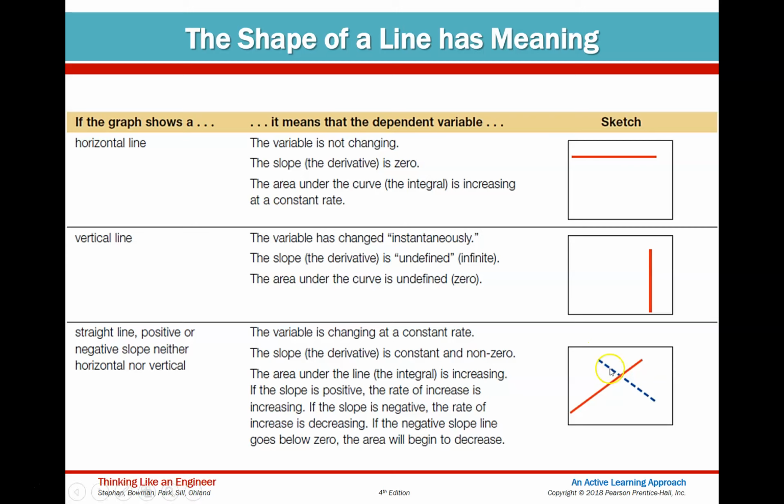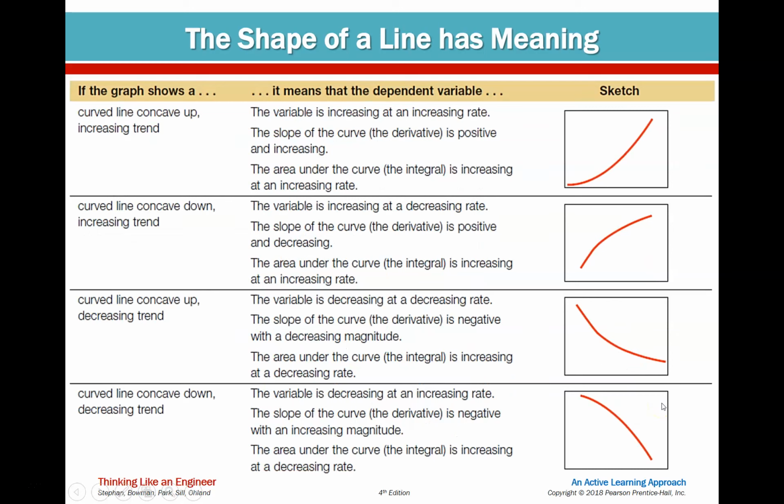The derivative of the blue dashed line is constant, non-zero, and negative, or decreasing. Which means that the integral of the red line is increasing at an increasing rate of increase. And for the blue dashed line, the area is still increasing as you move along, but it is increasing at a decreasing rate of increase.